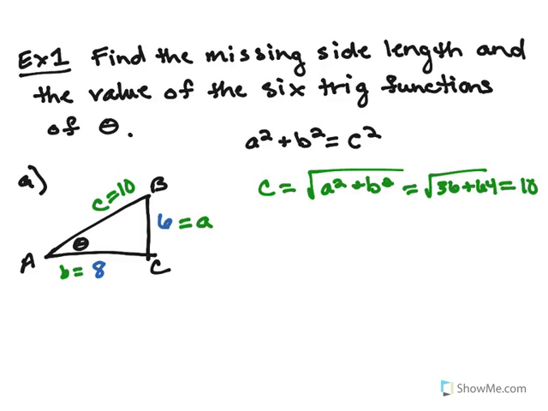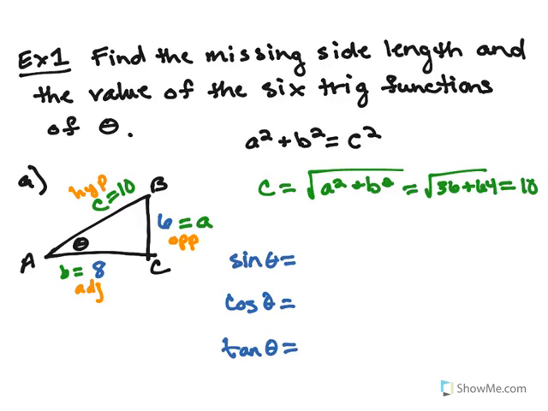Now, my theta is labeled as angle A, so I'm going to go ahead and write on my triangle that this side is adjacent to theta, this side is opposite, and this side is my hypotenuse. So then we're going to find what is sine theta, what is cosine theta, what is tangent theta, and if I know those, then I can do the reciprocal functions.